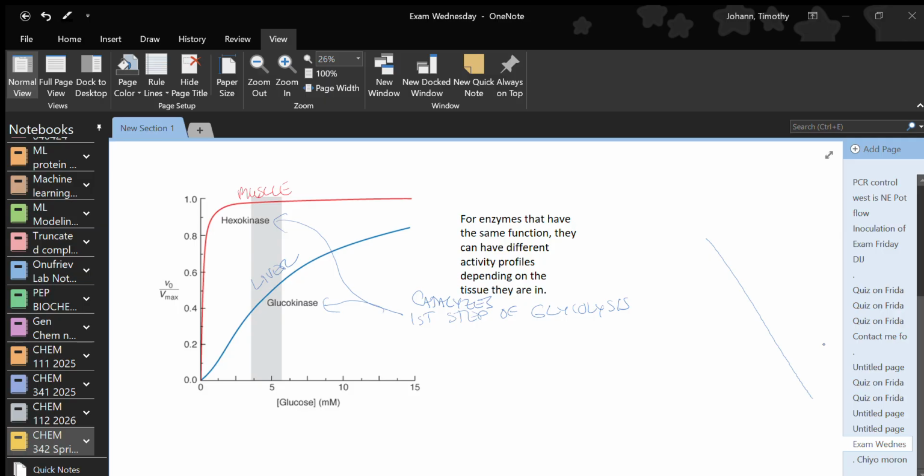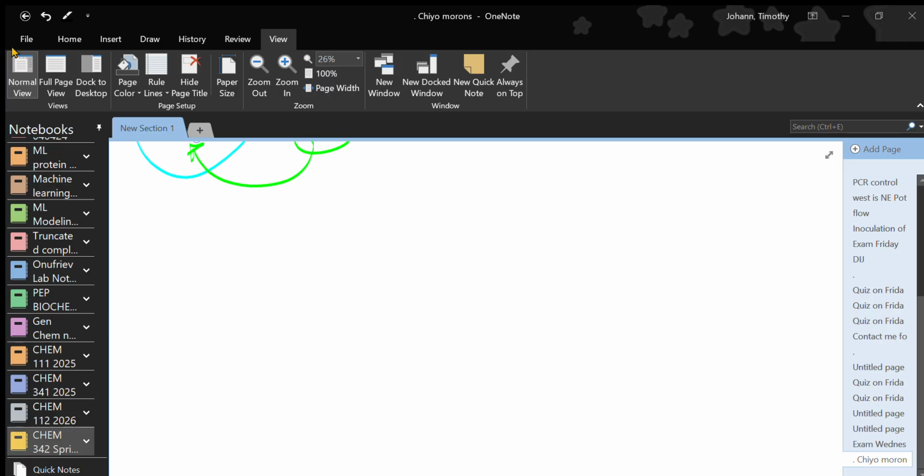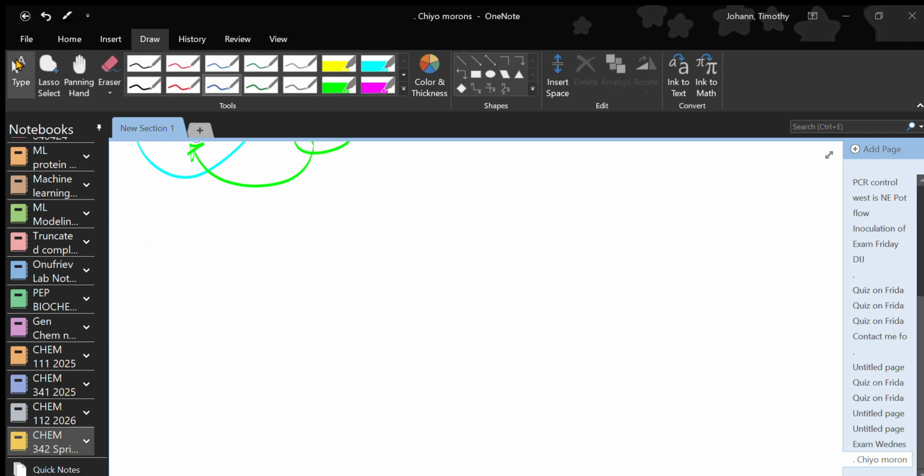This is a fair question, as long as I tell you you're running from the bear. You would turn on glycolysis, any pathway that allows you to get energy, and turn off gluconeogenesis, glycogen synthesis, and fatty acid synthesis.